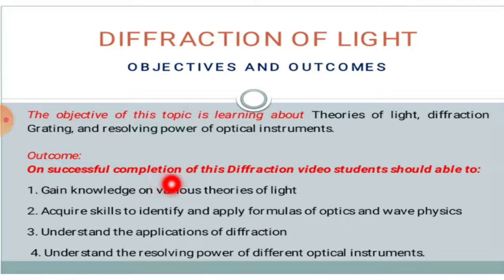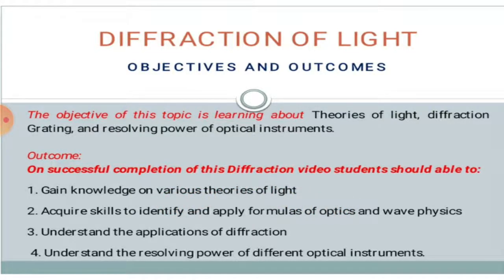On successful completion of this diffraction video, the student should be able to gain knowledge on various theories of light, and acquire skills to identify and apply formulas of optics and wave physics. He should be able to understand the applications of diffraction, and the resolving power of different optical instruments. These are the outcomes of the diffraction of light.